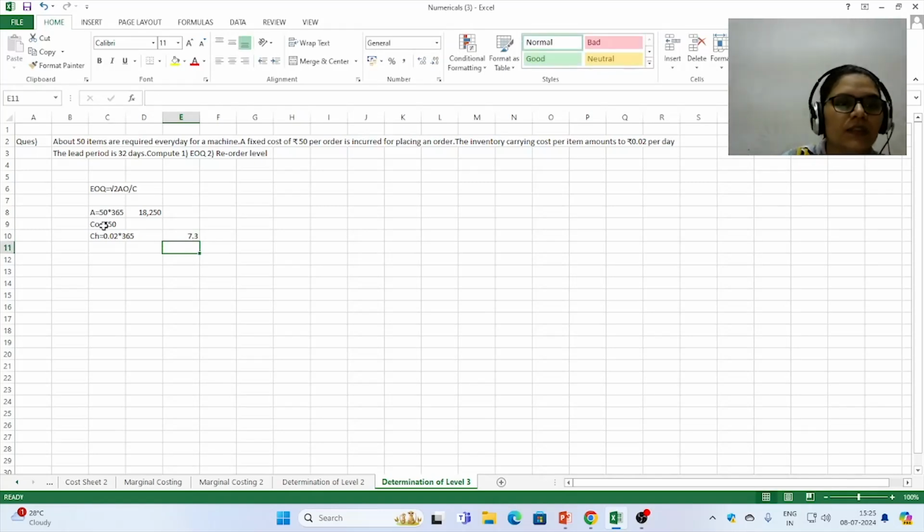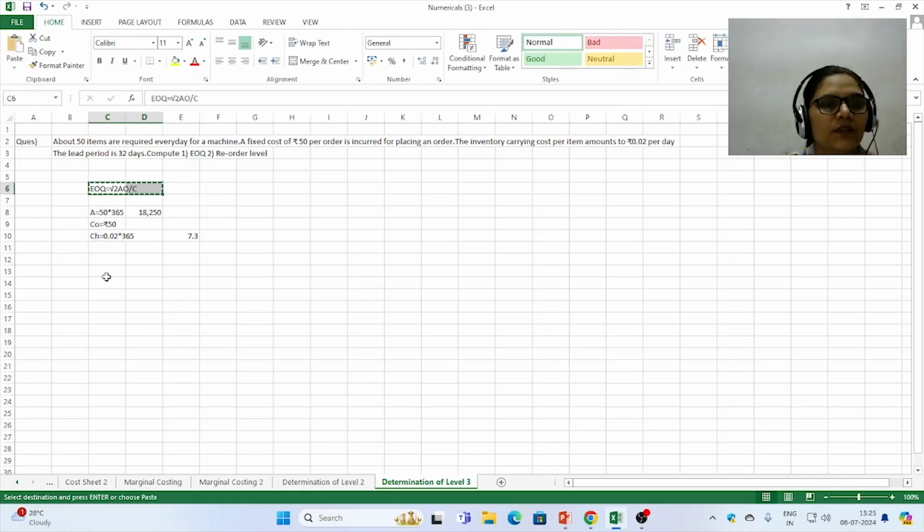Now next we will input all these values in the formula of economic order quantity.